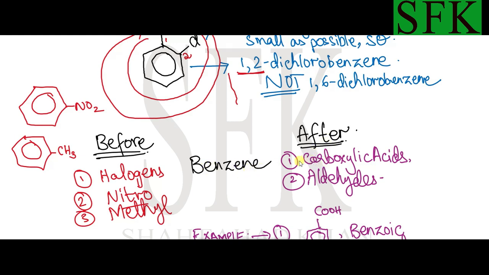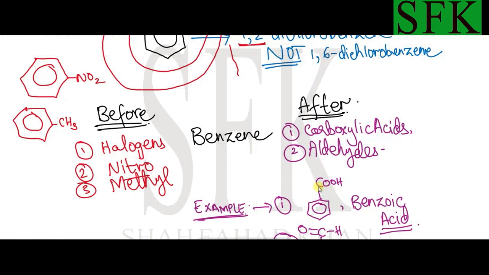Then if we talk about carboxylic acids or aldehydes, then benzene does not stay as benzene, but rather benzene gets modified a bit, and the name of these functional groups come in the end. For example, over here, if I have carboxylic acid attached to benzene, the name becomes benzoic acid.